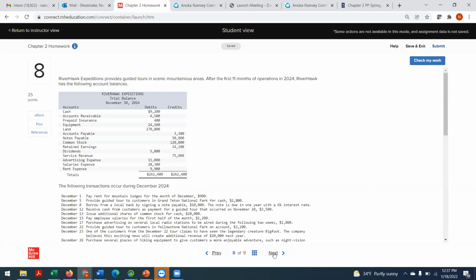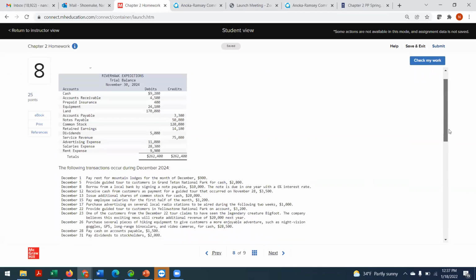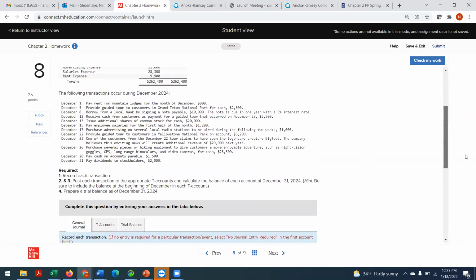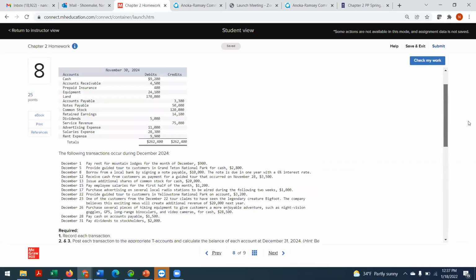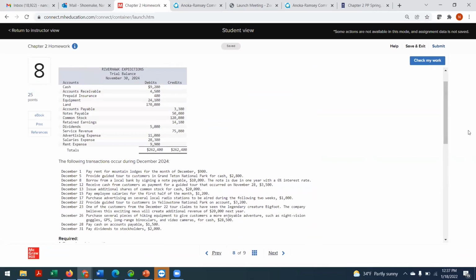Next, this is a tough one. This one, you have to record these transactions. So, for example, when it says pay rent for mountain lodges for the month of December, 900, then you have to go, okay, what's my debit and what's my credit?